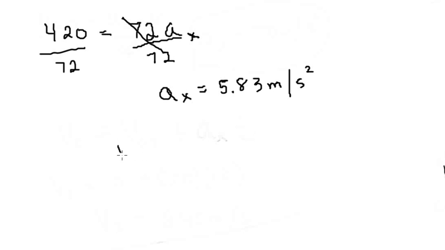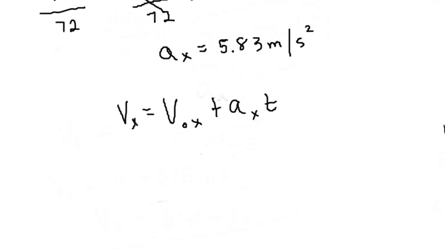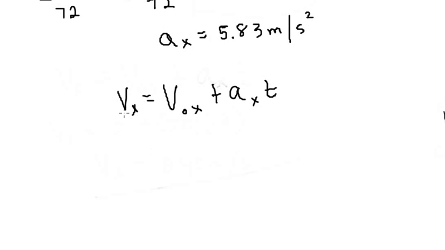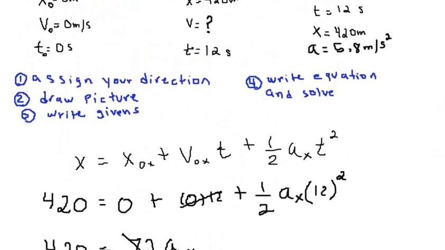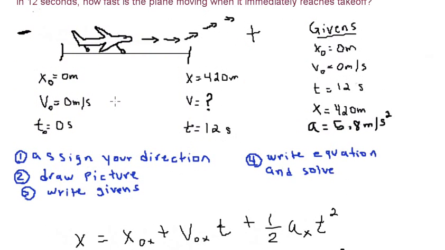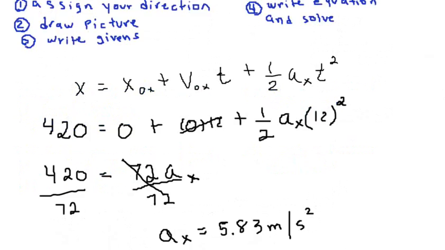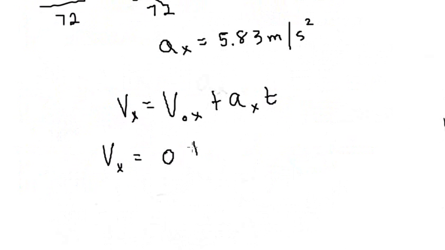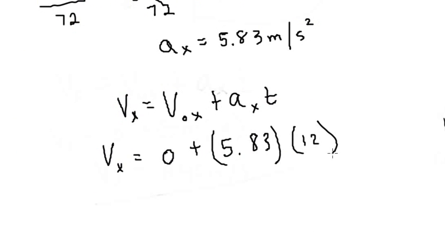The final velocity in the x direction is equal to the initial velocity in the x direction plus the acceleration in the x direction times the time. The final velocity is what we're looking for. The initial velocity of the plane is 0 meters per second because the plane started from rest. The acceleration we just found to be 5.83, and the time is 12 seconds.